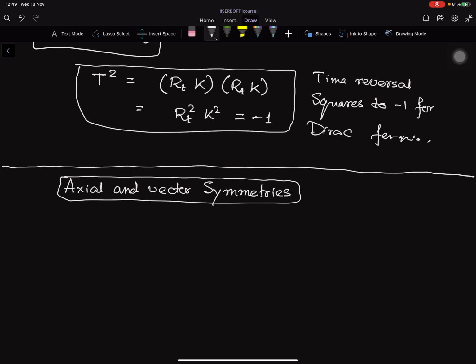If you remember, the Dirac spinor was a combination of a left-handed spinor and a right-handed spinor, right? And we remember that the left-handed spinor and the right-handed spinor were independent, and both of them complex. So which means that we can rotate them, right?